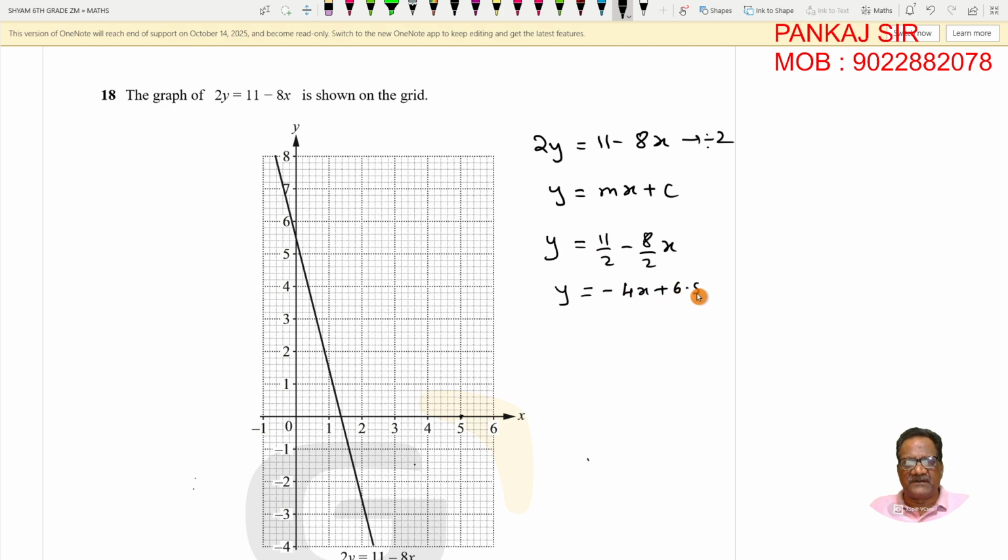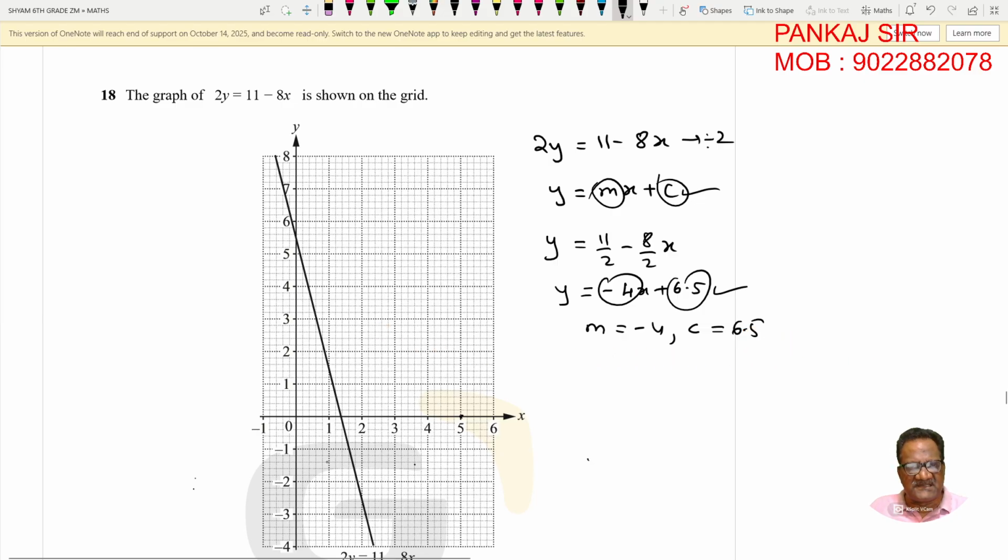6.5. Okay. So can you see now I can compare these two, right? y is equal to mx plus c, y is equal to minus 4x plus 6.5. So I can see that my slope m is equal to minus 4 by comparison. Okay, m is equal to minus 4, and my y-intercept c is equal to 6.5, isn't it?